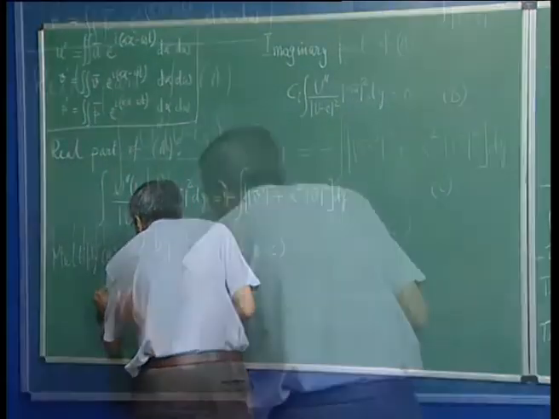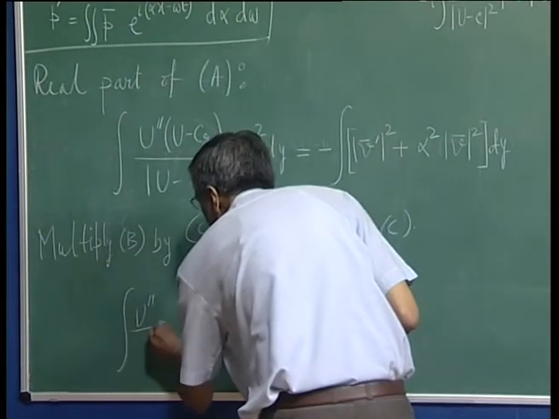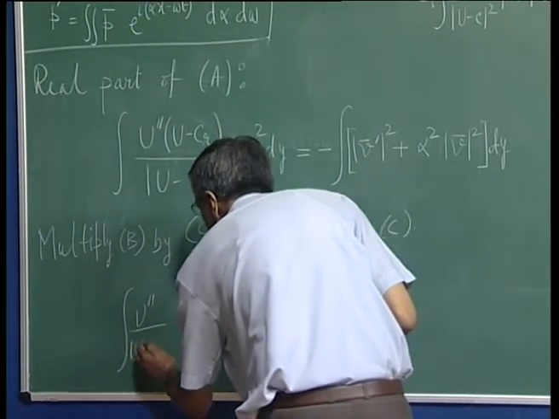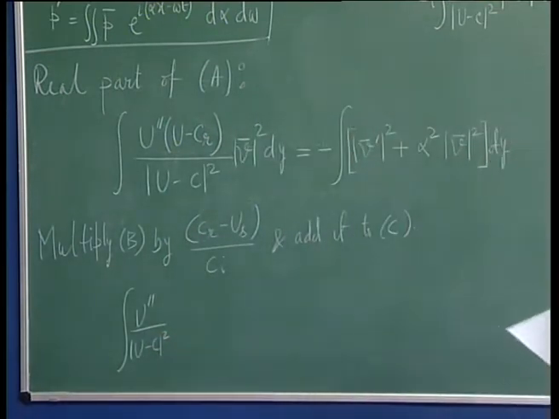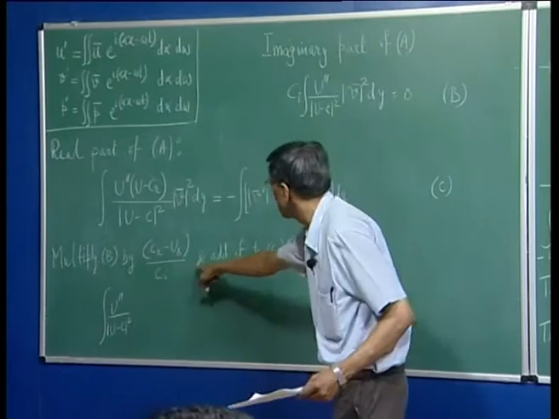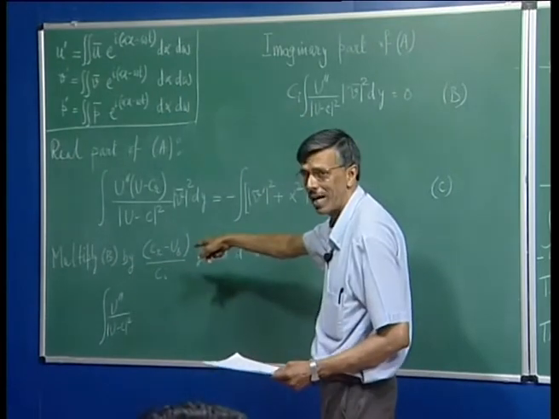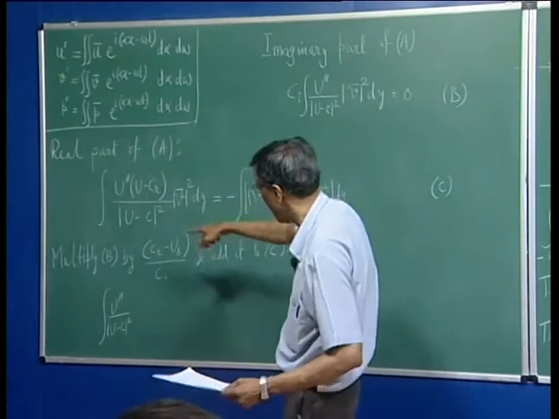On the left hand side, what we get is the common part, that will be u double prime divided by u minus c square, and then what happens? You see, I have multiplied this equation by this. So, what will happen? This c i will cancel, and I will have c r minus u s. So, I add that.